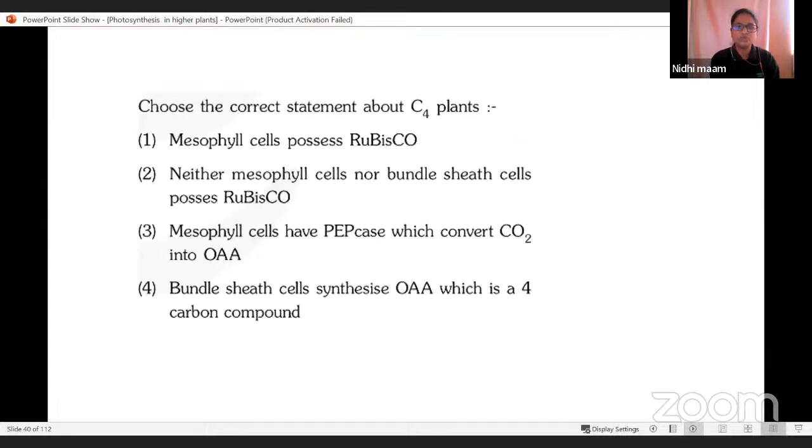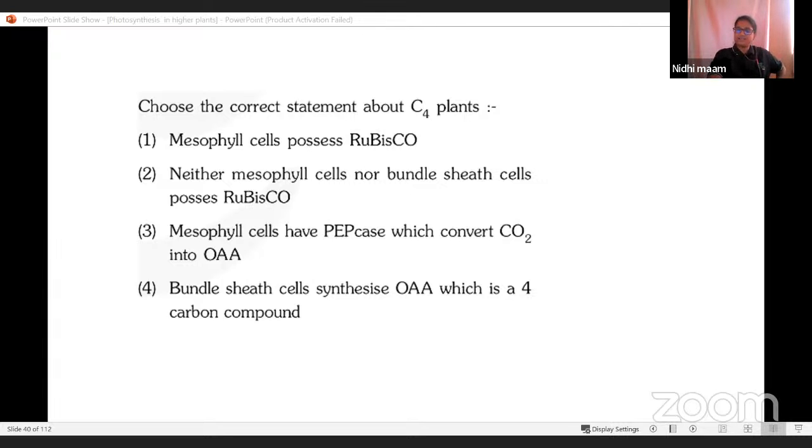Next question. Choose the correct statements about C4 plants. One, mesophyll cells possess rubisco. Two, neither mesophyll cells nor bundle sheath cells possess rubisco. Three, mesophyll cells have PEPC which converts carbon dioxide into oxaloacetic acid. Four, bundle sheath cells synthesize OAA which is a 4 carbon compound.